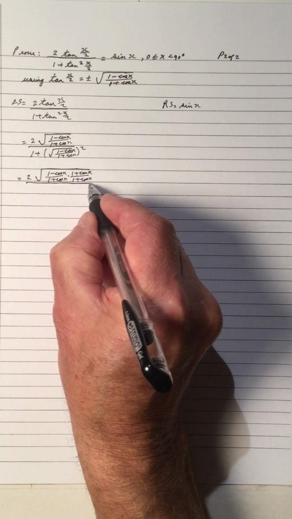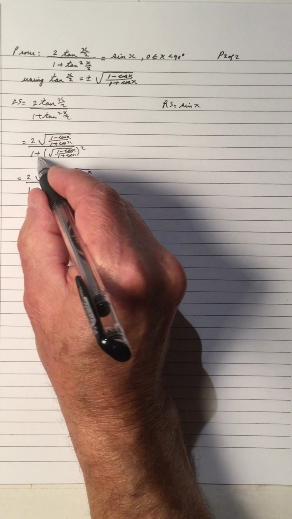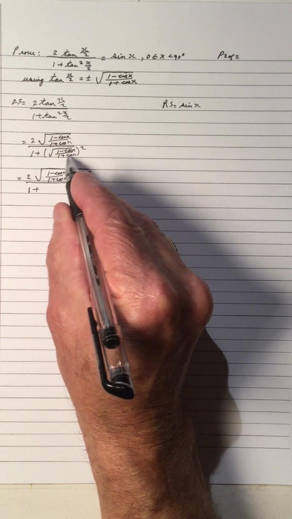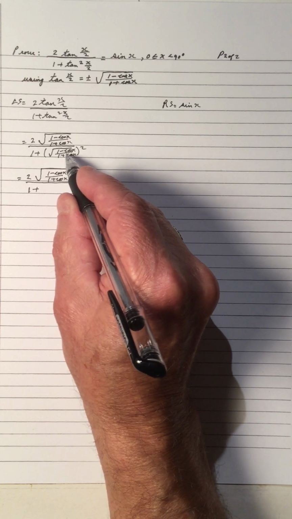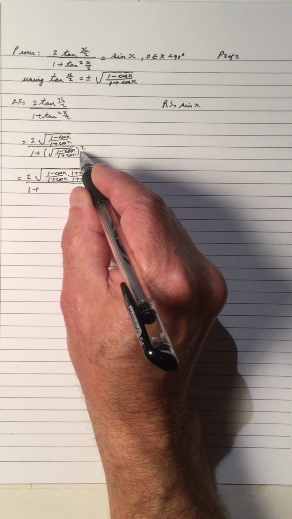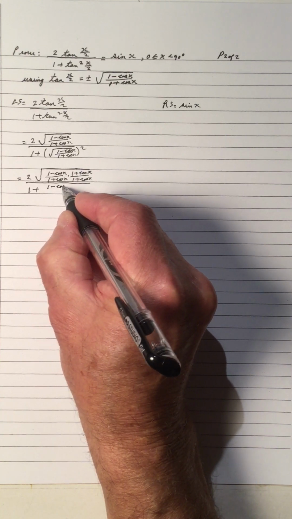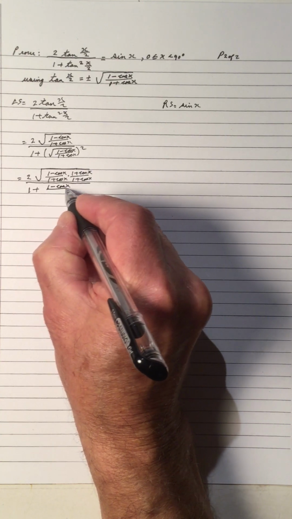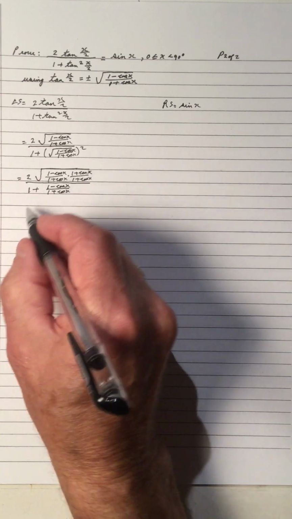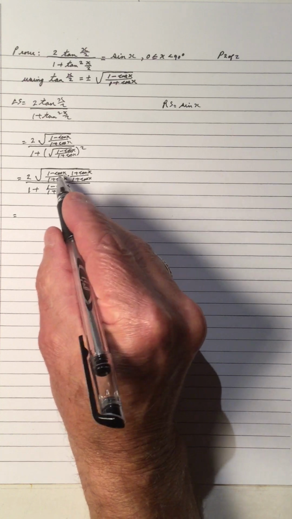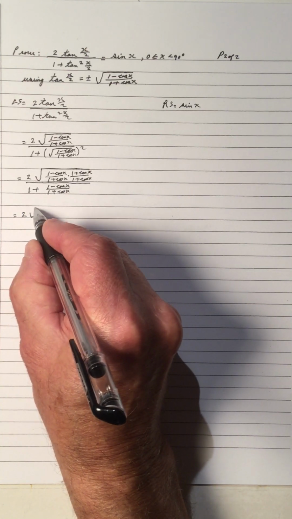And the denominator, when we square it, we get 1 plus, and the square root squared of this fraction is just (1 minus cos x) over (1 plus cos x). Let's simplify the top and make it look a little bit better.